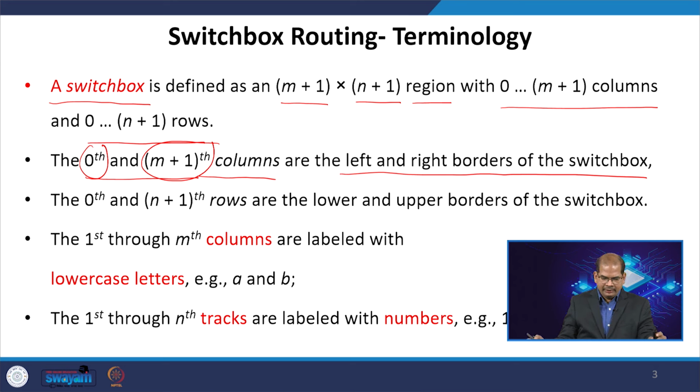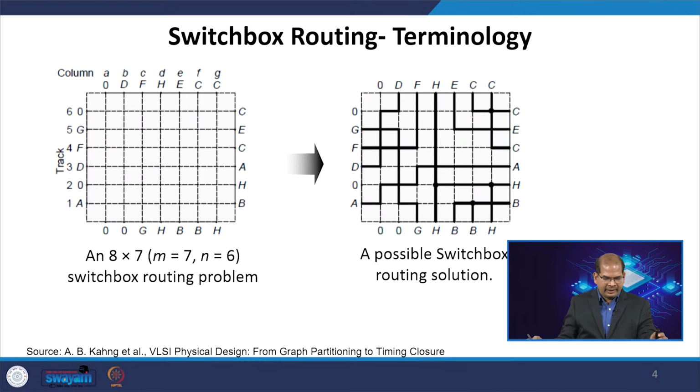Similarly, the 0th row and the n plus 1th row are the lower and upper borders of the switchbox. We can see this in a minute. Let us take this one. This is the 0th column, which is nothing but your left border.